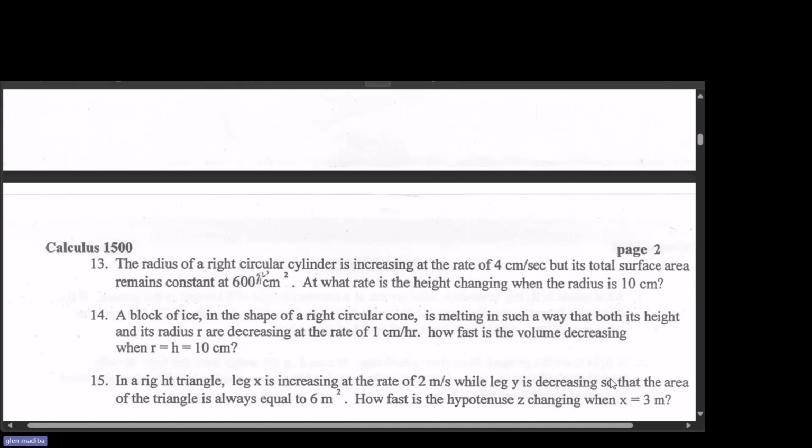What is y? y is equal to 4. So in the place of y, it will be 4 times dx over dt. It is 4 times 2 plus x dy over dt. x is 3, so 3 times dy over dt equals 0. Therefore, dy over dt is equal to negative 8 over 3.